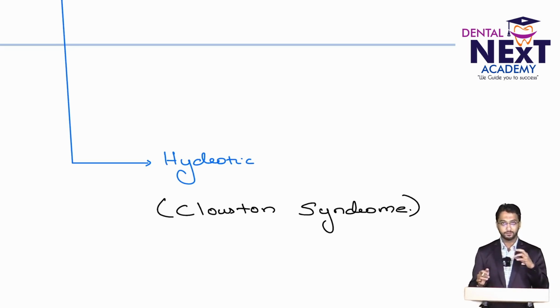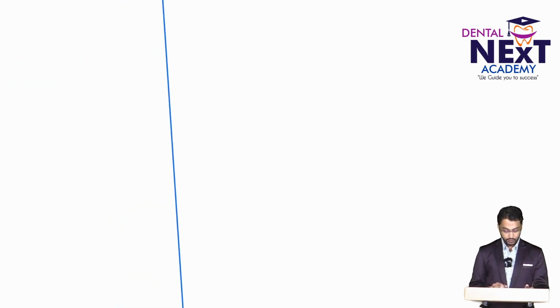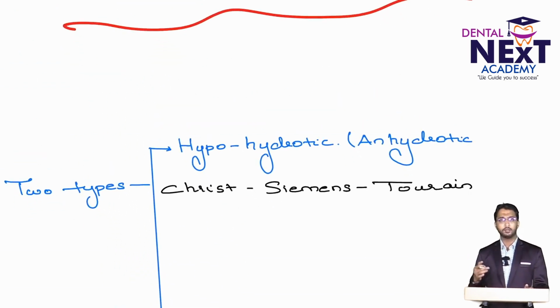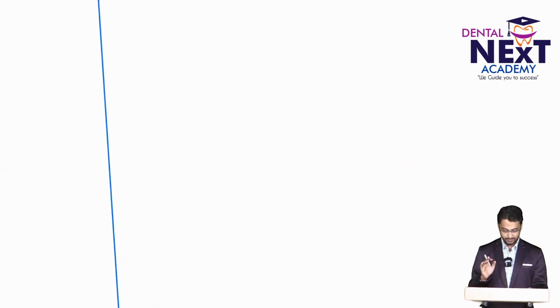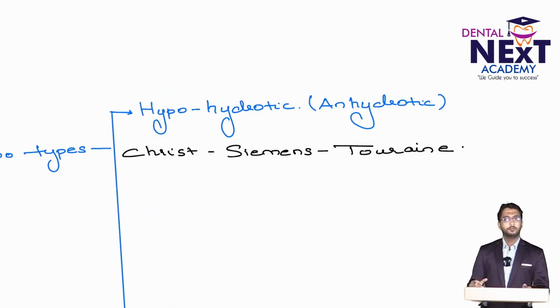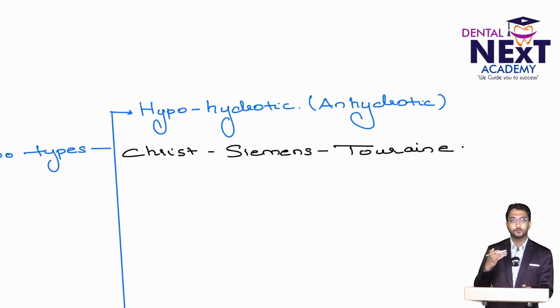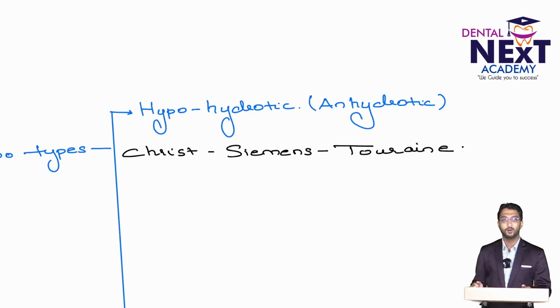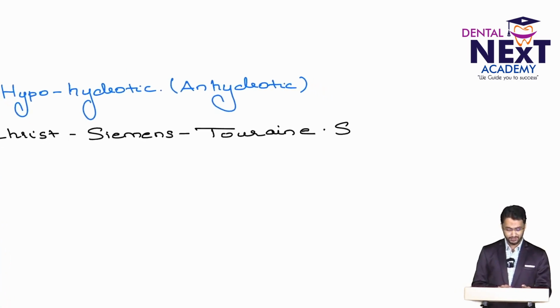Don't learn both. For example, if you learn hypohidrotic is Christ-Siemens-Touraine, then hidrotic is the other one, which is Clouston. That's the trick you use when there is a possibility of confusion: learn both, but remember one, the other is the exact opposite. I've been saying this multiple times now.